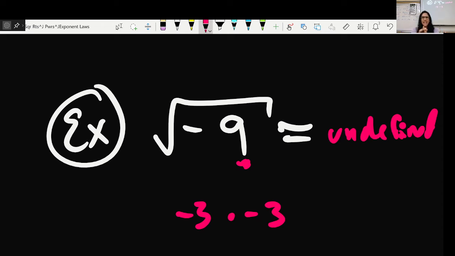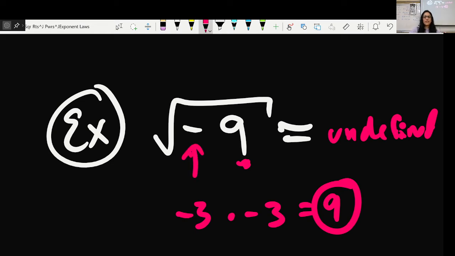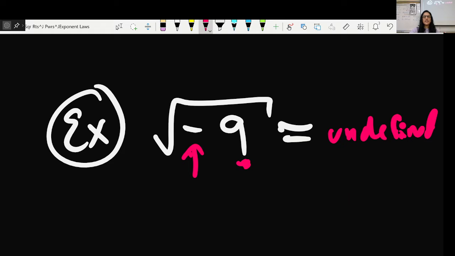What happens when you have a negative times a negative? It's a positive. So the answer to that would be 9. So there's no way we could take some number, multiply it by itself, and get a negative answer. So we can't have negatives under the root sign. Whenever that's the case, we would say it's undefined or we can't do that.